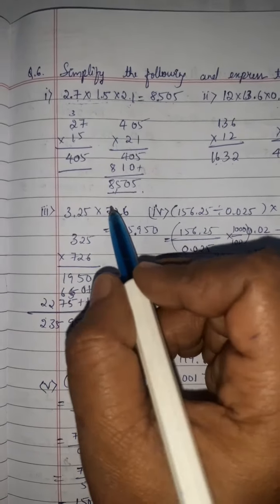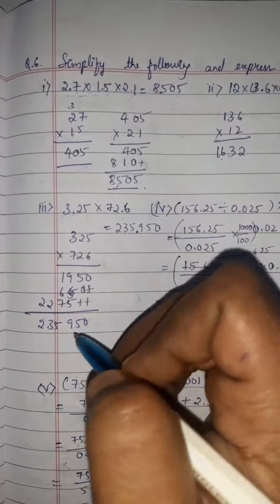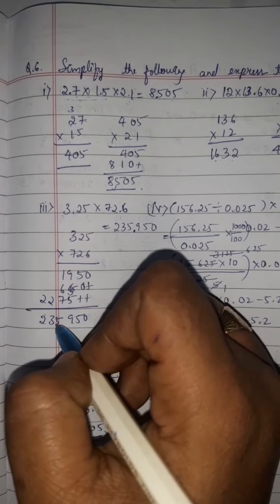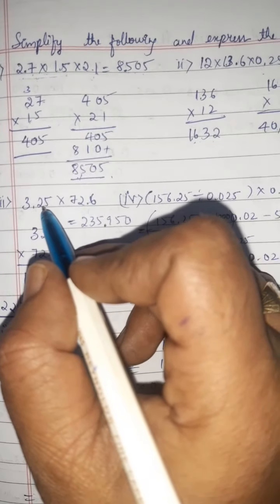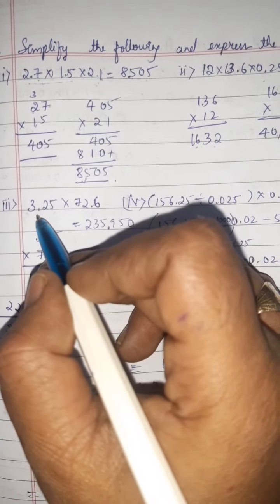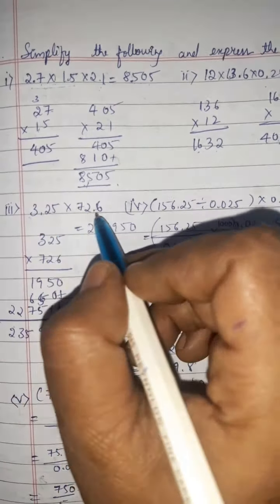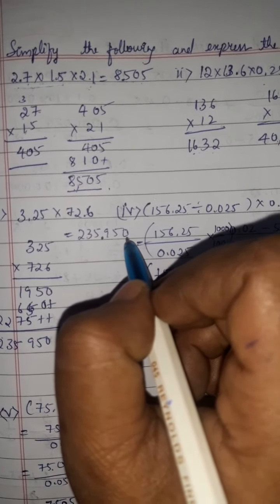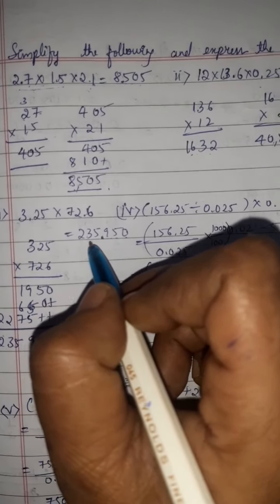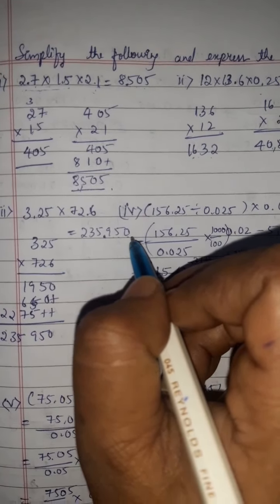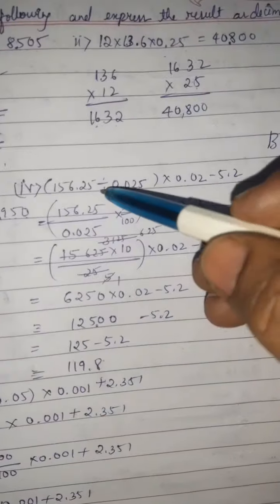Here when we multiply neglecting the decimal point, we get the answer 2,35,950. Count the digits after the decimal point 1, 2, 3. In the answer we count 1, 2, 3 and keep a decimal point. The answer is 235.950.